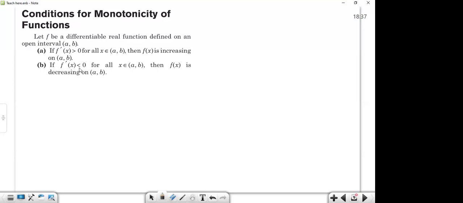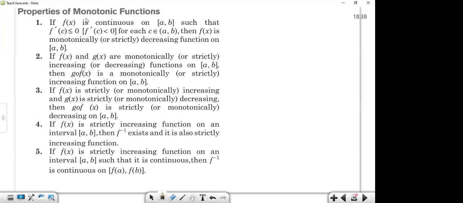If the function's derivative is less than zero for all x belonging to the domain, then the function is decreasing on that particular domain. And here, remember, for strictly there's no equality condition. Is this clear? Is this clear, Tanish? Yes, sir.